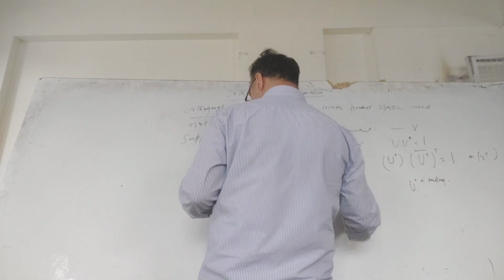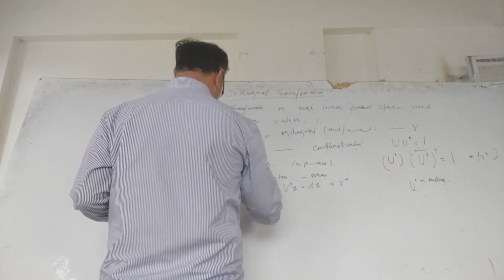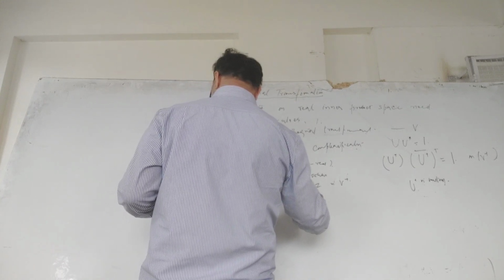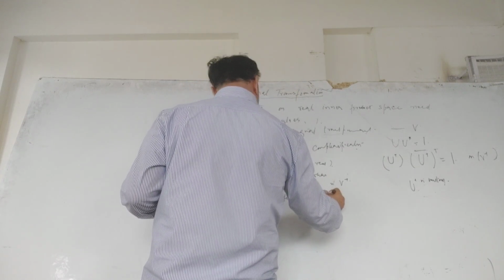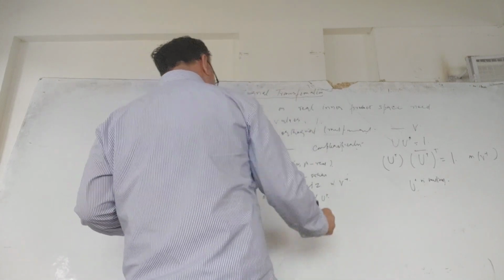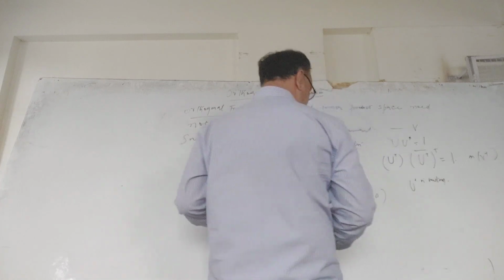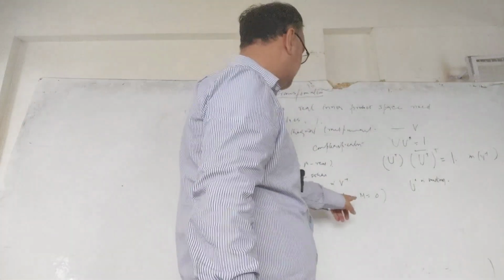If lambda is not a proper value of U plus, then M will be 0.